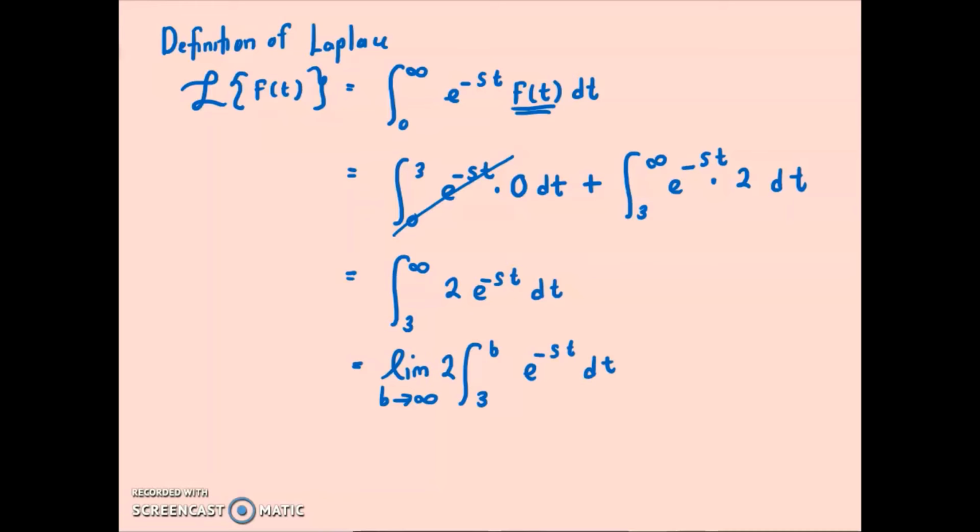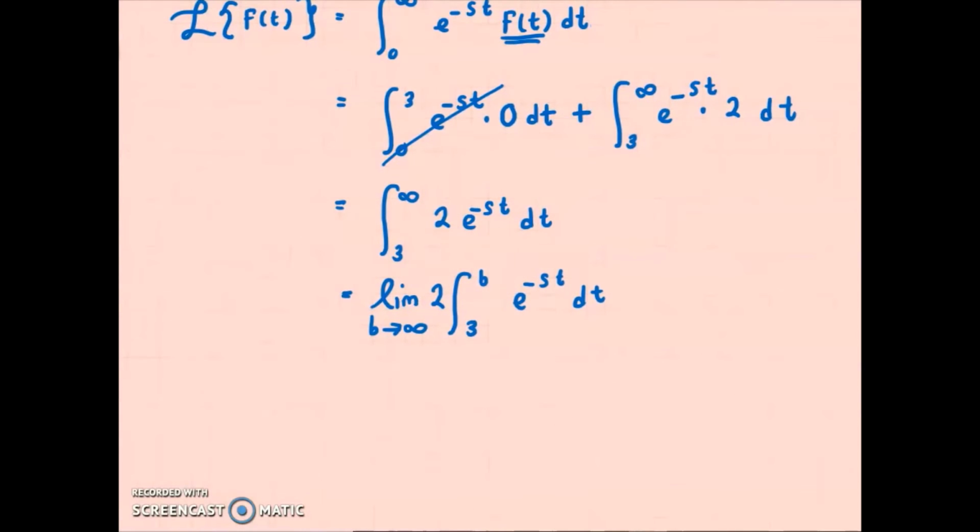Okay, now I can solve this pretty easily. So we have 2 times the limit as b approaches infinity. Now integrating this will give you e^(-st) over negative s, and the limit is from 3 to b.